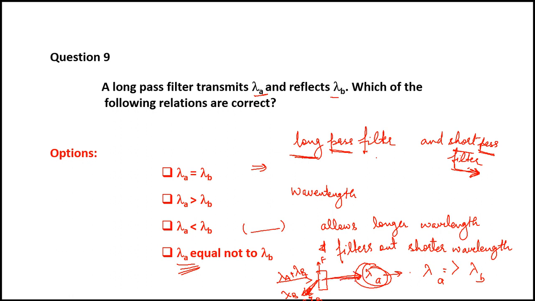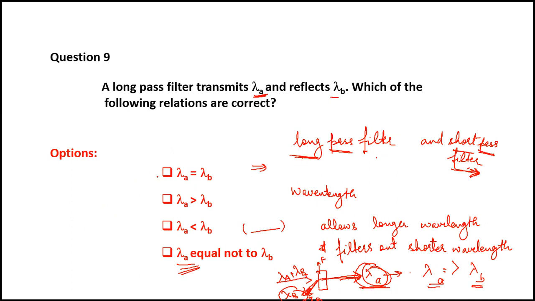If it is transmitting lambda A, that means it is allowing lambda A to pass, and lambda B it is reflecting, so it does not allow lambda B to pass through. If it is allowing lambda A to pass, that means light beam A has a longer wavelength than light beam B.